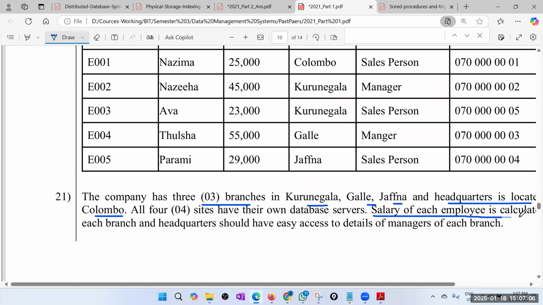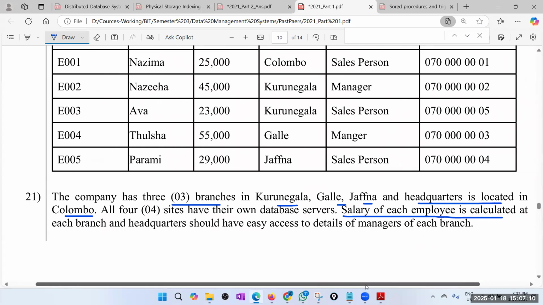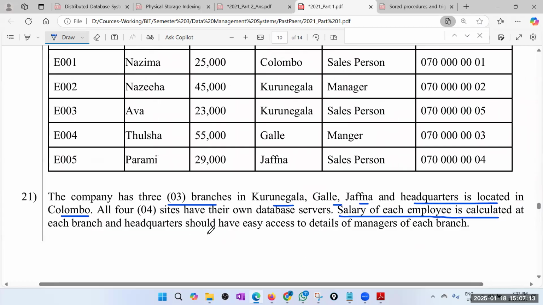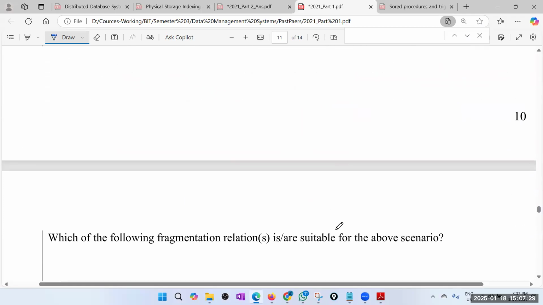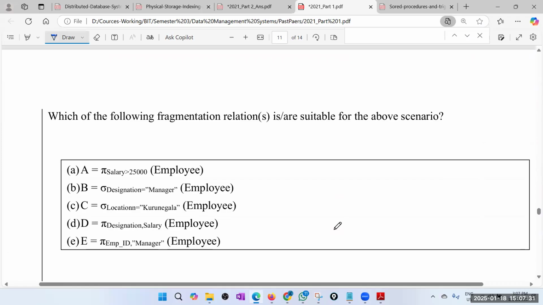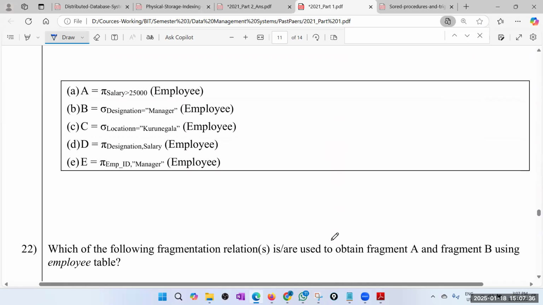Salary of each employee is calculated at each branch, and headquarters should have easy access to details of the managers of each branch. At headquarters it looks like headquarters need only the access to the managers. Okay. Salary of each employee is calculated at each branch. Which of the following fragmentation relations are suitable for the above scenario?